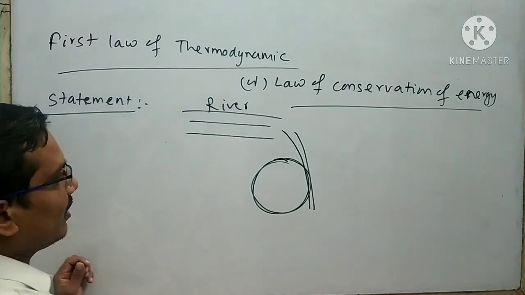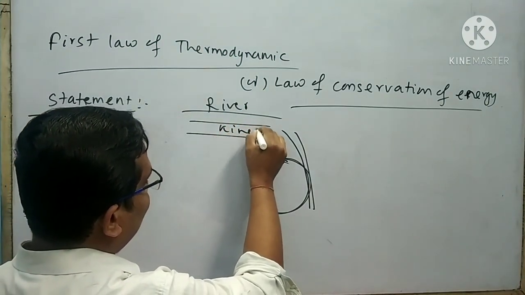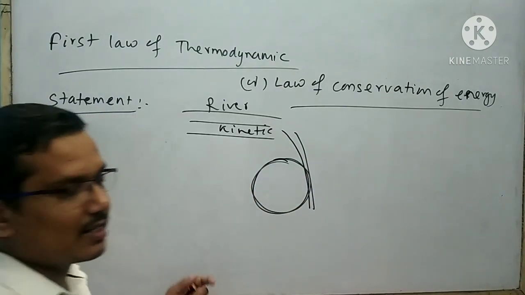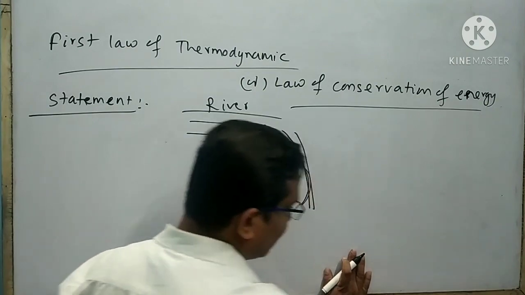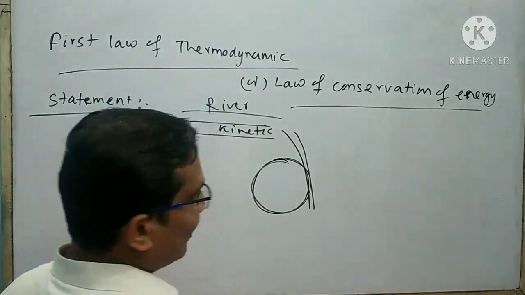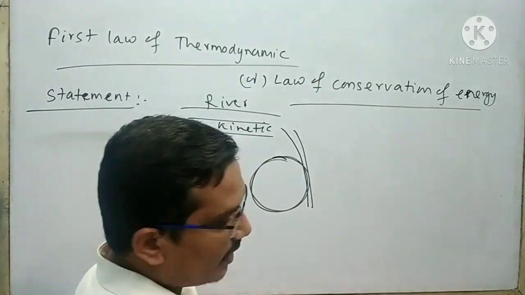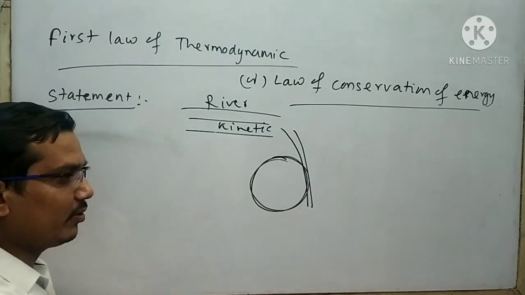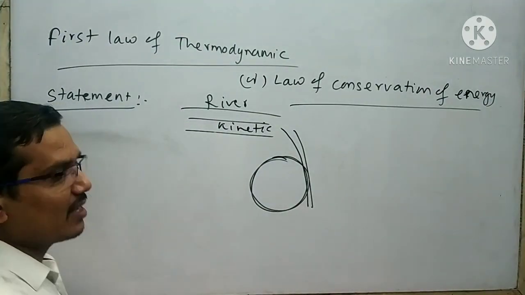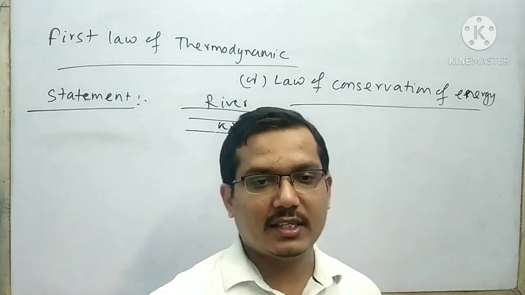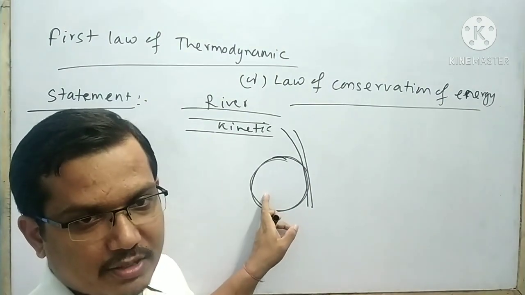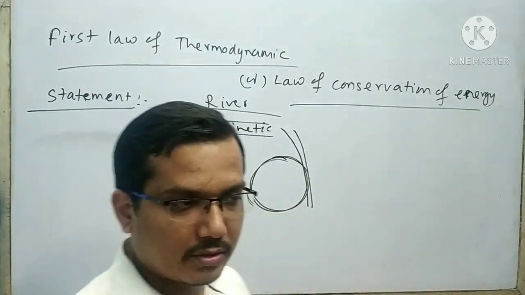That means here the kinetic energy is converted into rotational energy, then the rotational energy is converted into electrical energy, then the electrical energy can be converted into mechanical energy, then the mechanical energy is converted into any other form of energy. From this example, it is clear that energy can neither be created nor destroyed, although it may be changed from one form to another.